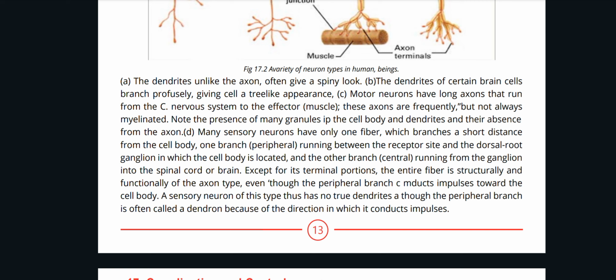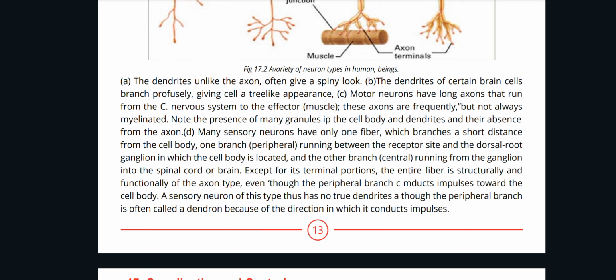Note the presence of many granules in the cell body and the dendrites, and their absence from the axon. Many central neurons have only one fiber, which branches a short distance from the cell body. One branch runs between the receptor side and the dorsal root ganglion, in which the cell body is located, and the other branch runs from the ganglion into the spinal cord or brain.